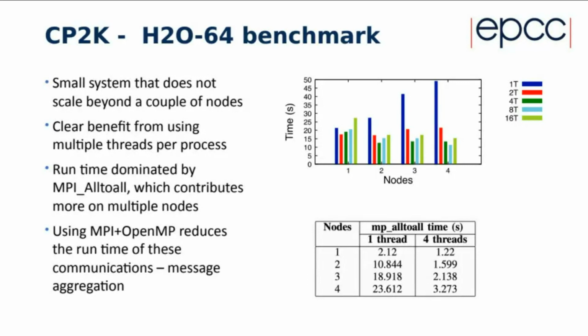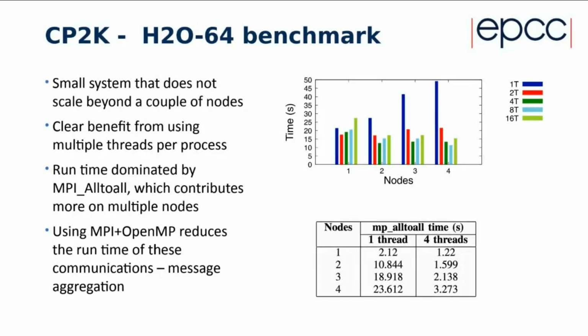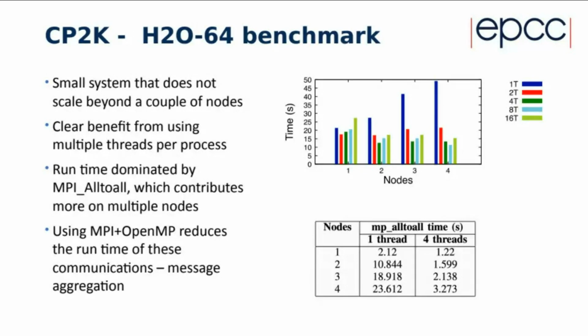The runtime in this calculation is dominated by MPI all-to-all, and this contributes more and more as you start running across multiple nodes. You can see here in this little table the runtime of MPI all-to-all on 1 thread and 4 threads.